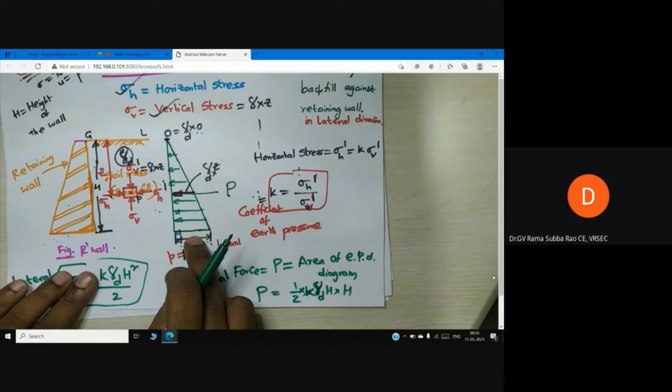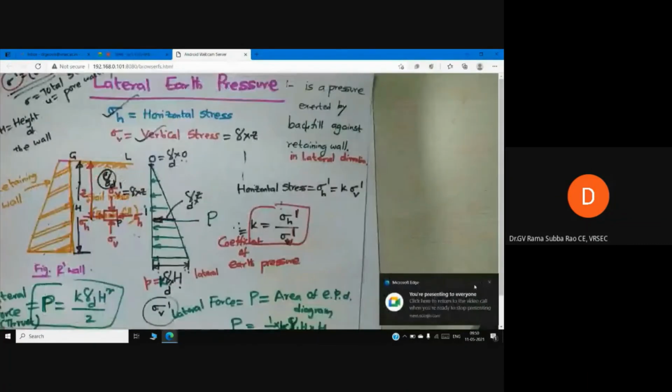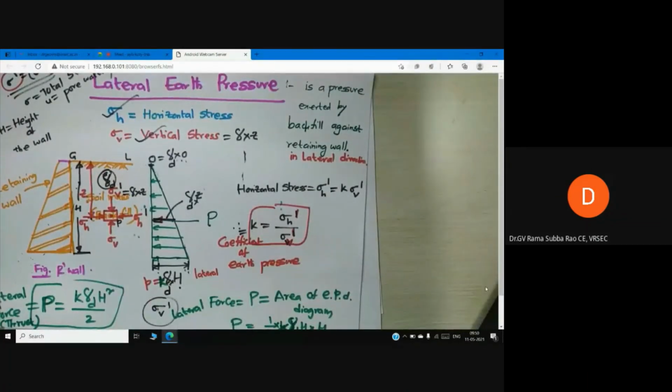So now with this introduction, I can tell you what is K, what is lateral earth pressure. Lateral earth pressure is a pressure exerted by backfill, backfill means soil mass, against the retaining structure. Here the retaining structure is retaining wall in lateral direction.